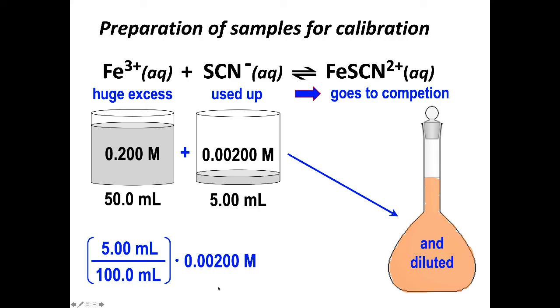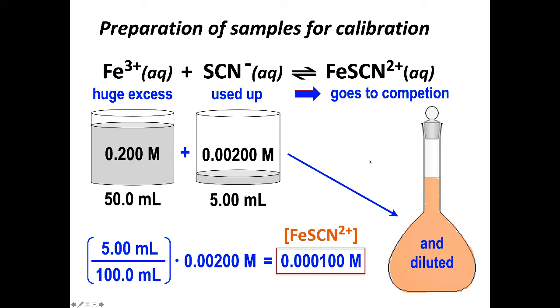And so this then gives us a concentration of, in this example, 0.000100 molar for the concentration of the FeSCN2+ that is formed.